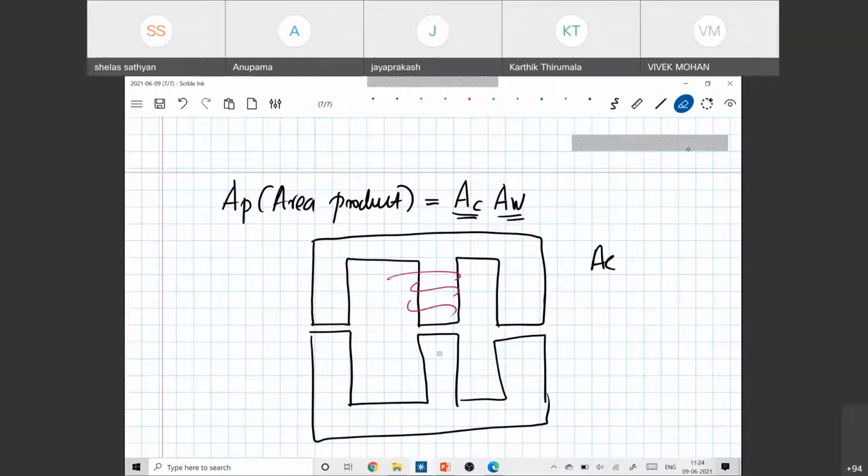Instead of winding directly on the core, we will be using transformer coil formers. We call it a bobbin, either bobbin or former.